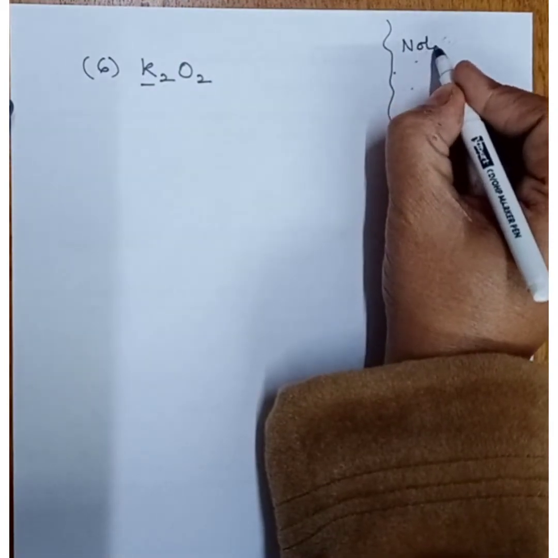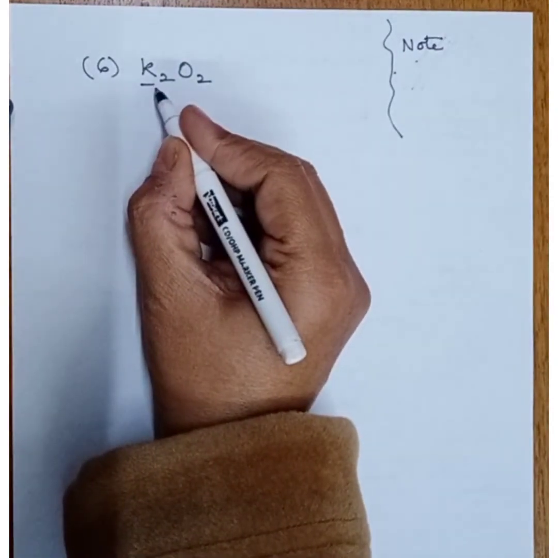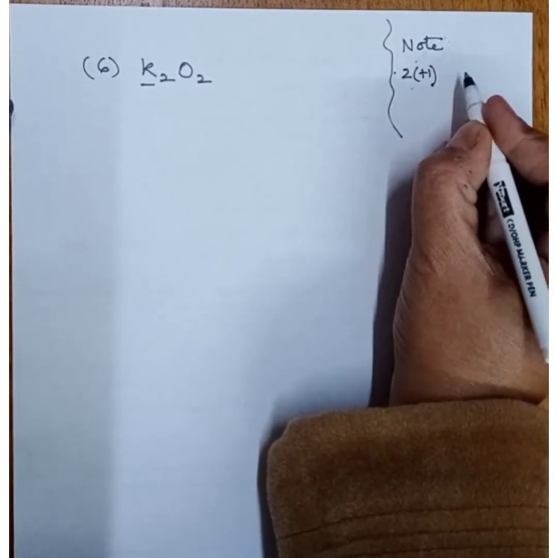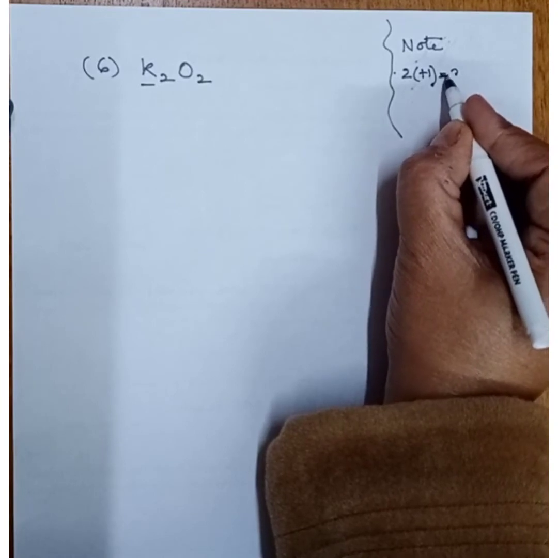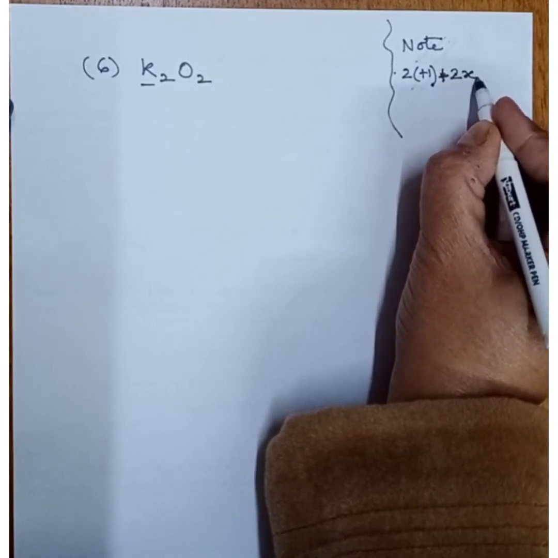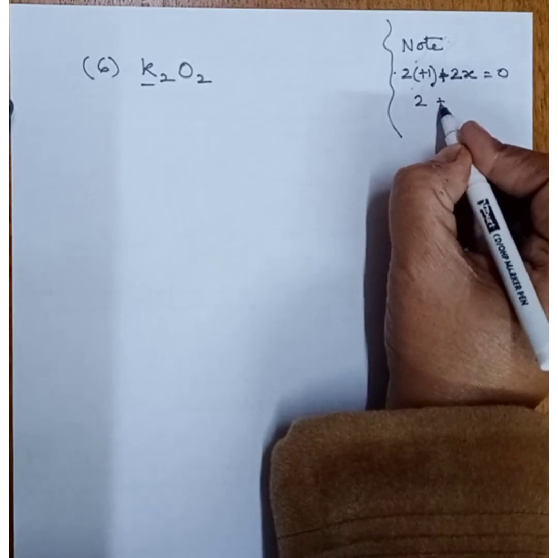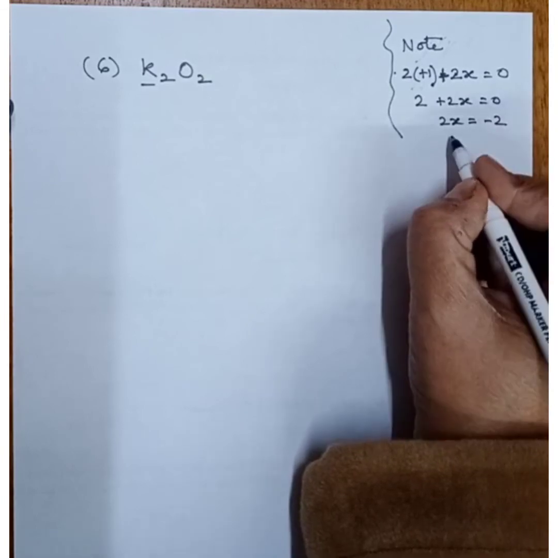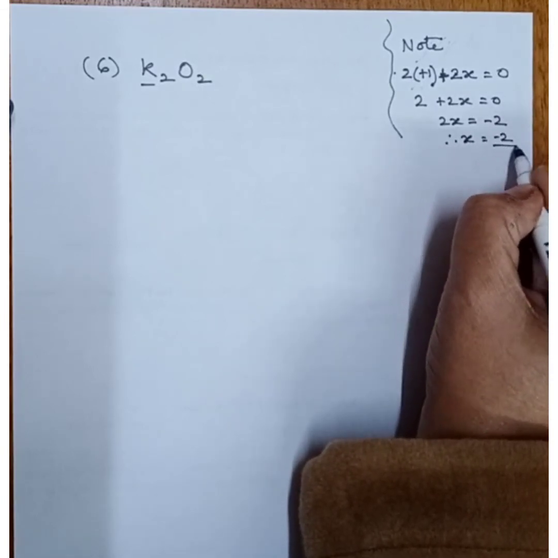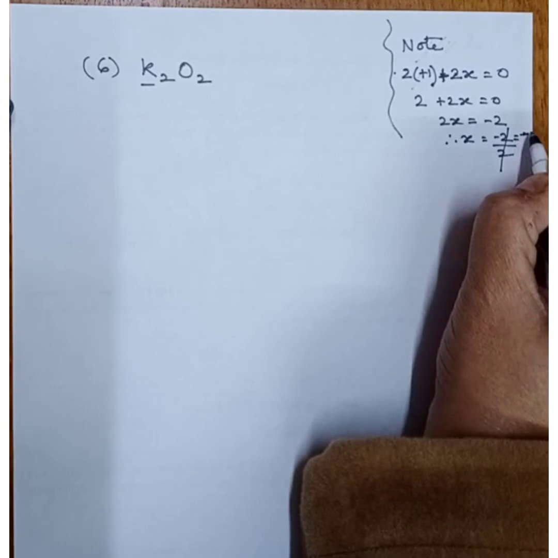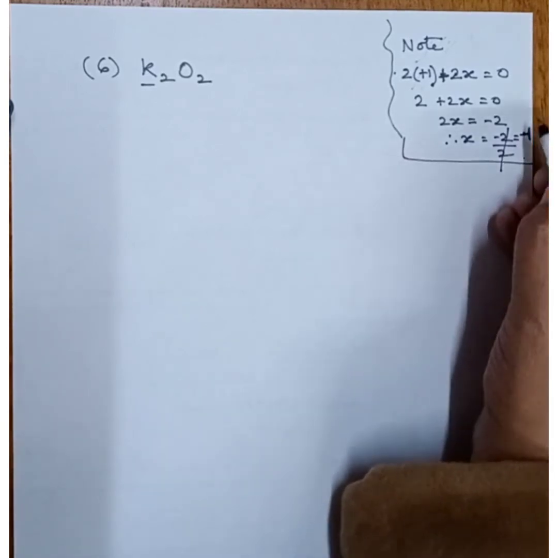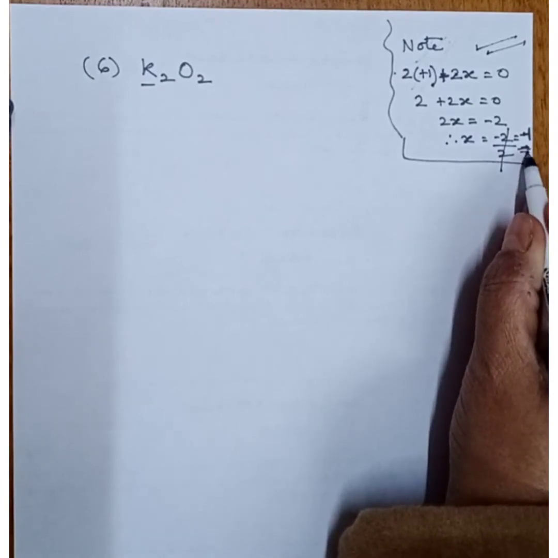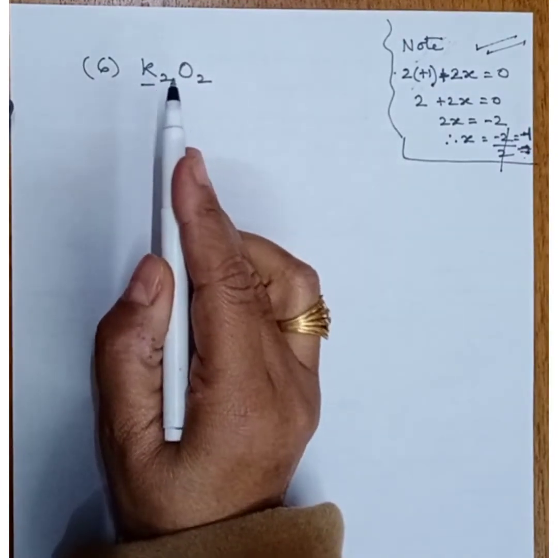Now see this, you know that potassium is a member of group number 1, so obviously it is going to have +1 oxidation state, and then presume oxygen to be x. 2 plus 2x is equal to 0, 2x is equal to -2, so x is equal to -2 by 2, which is -1. So you have calculated the oxidation number of oxygen, it is coming -1. That means this compound is a peroxide.